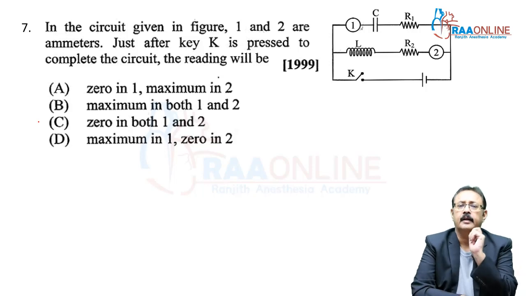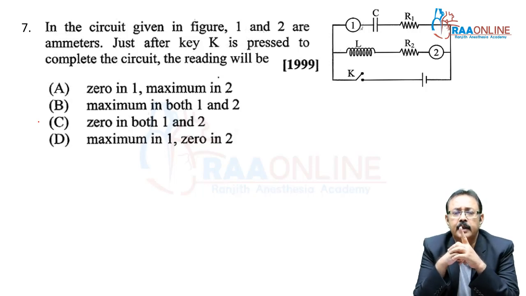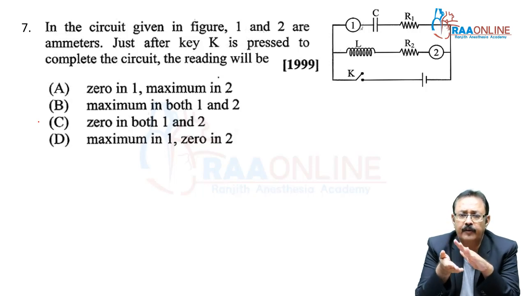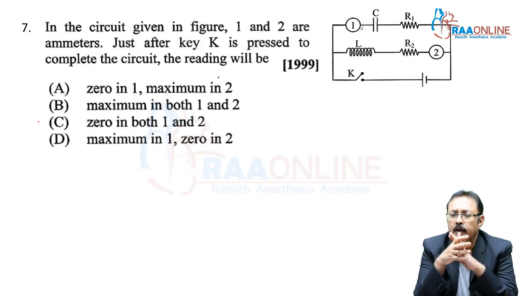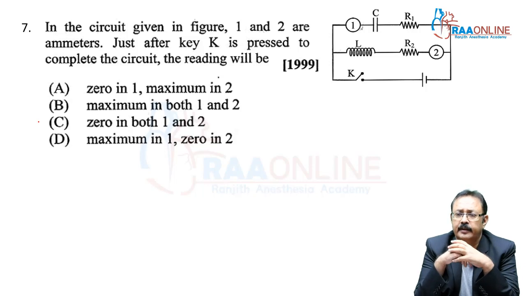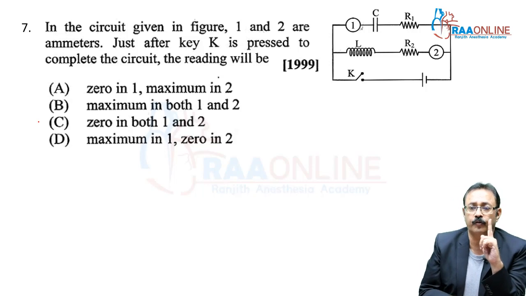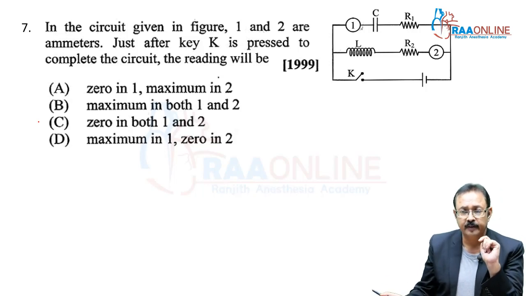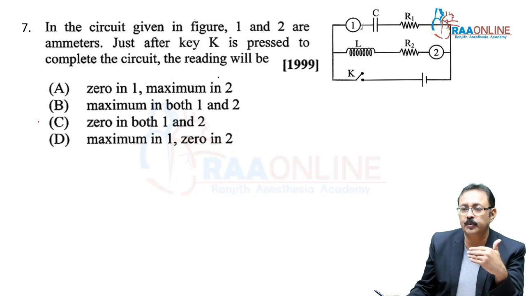Seventh, it is from 1999 AIPMT. In the circuit given in figure, 1 and 2 are ammeters. Just after key K is pressed to complete the circuit, the reading will be, just as we press the key, current will start to flow through the circuit, but capacitor was uncharged. Now it will start charging, so whole current will pass through the capacitor.